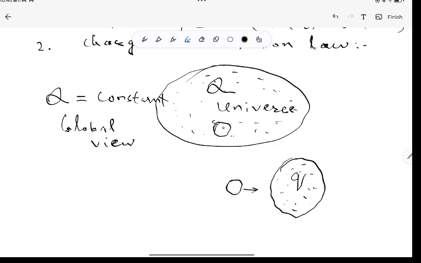And if Q changes, suppose the charge here decreases. Where does the charge go? If initially the charge there is 100 microcoulomb and it has decreased to 80 microcoulomb, where has the 20 microcoulomb charge gone? It must have flowed across this surface into the rest of the universe.